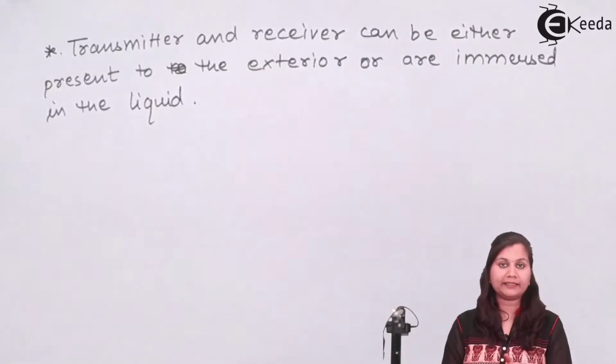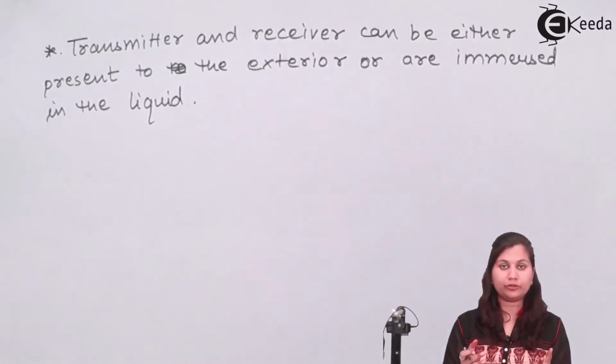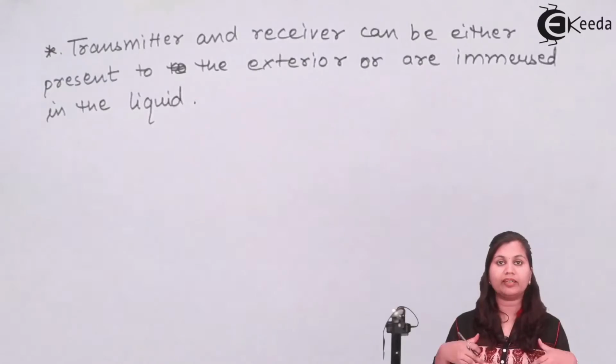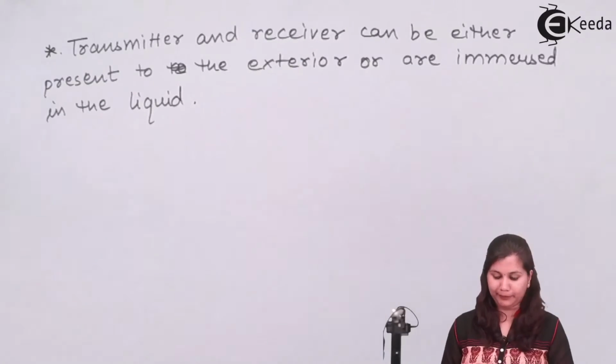So they are either interior or exterior to the pipe. When they are on the interior side, they are immersed in the liquid. When they are exterior to the pipe, they are pressed to the walls of the pipe.